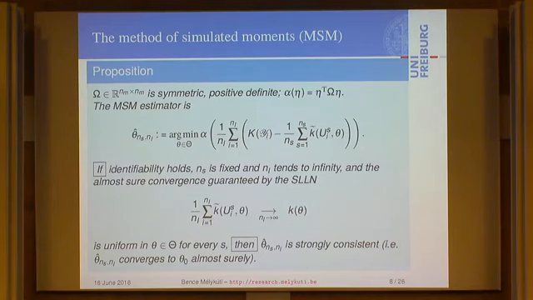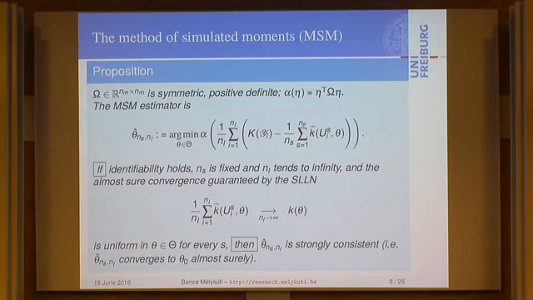You start off with this symmetric positive definite matrix alpha, and then define the MSM estimator with this formula. So you try to minimize this quadratic form of the distance between the measured, real data and your simulated data over NS simulations.